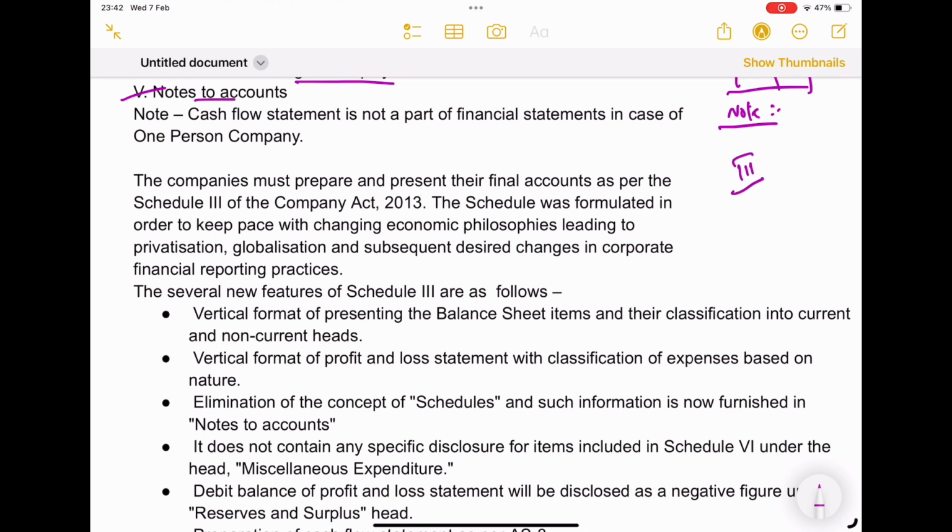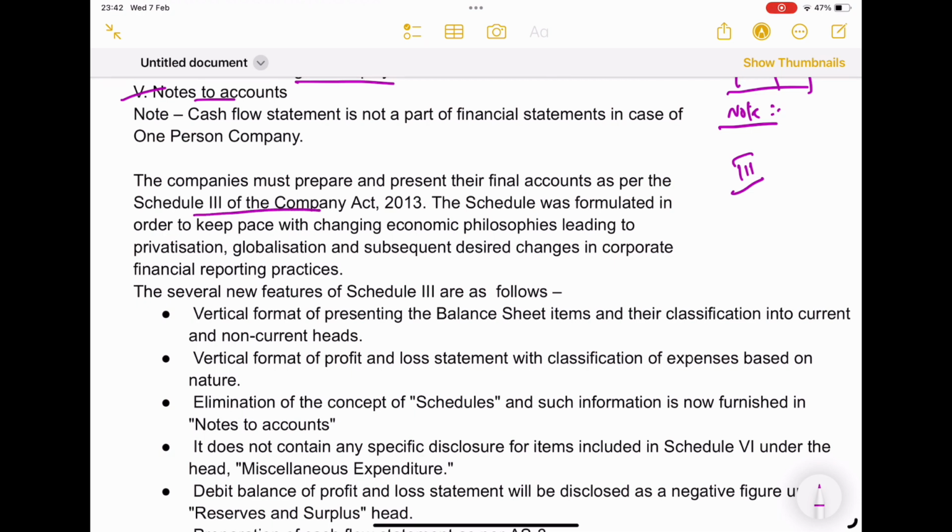While writing the exam, better you mention this as your heading, then start with the working note, then the P&L account, that is the income statement, then the balance sheet. These companies must prepare and present their final accounts as per Schedule 3 of the Companies Act.